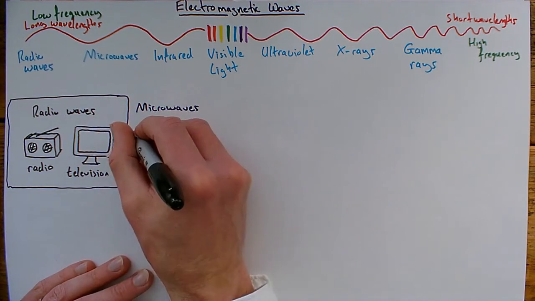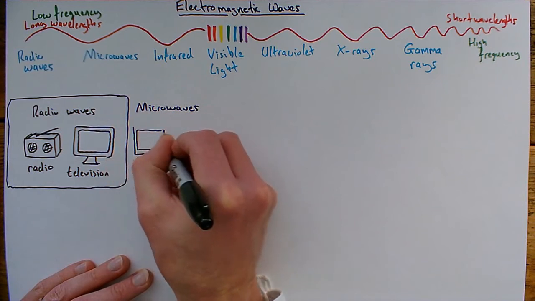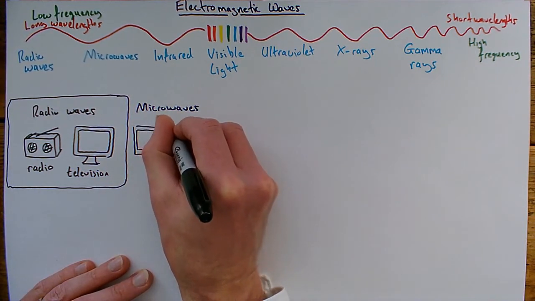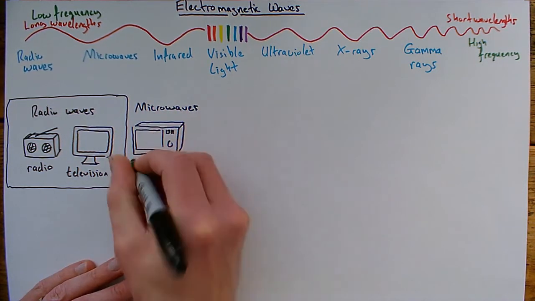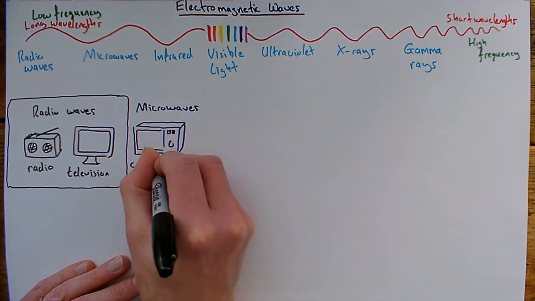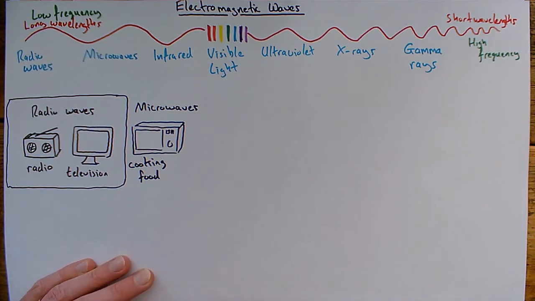First obvious use is for cooking food. Now, although we'll use them in microwave ovens themselves, make sure you say it's for cooking food. That's what we use a microwave oven for. For cooking food.